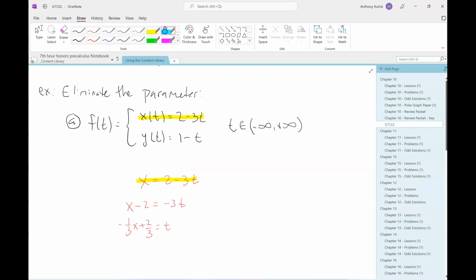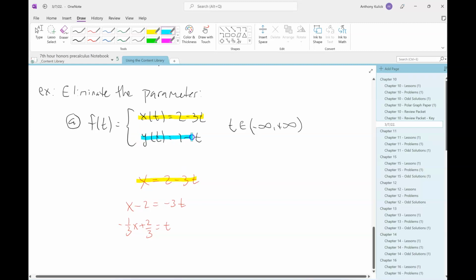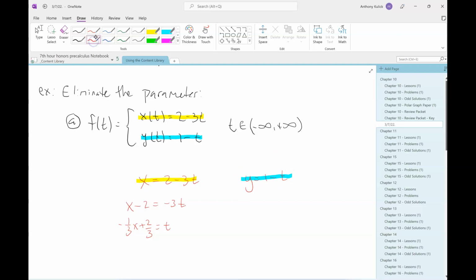Not a big deal. Then we're going to take the equation for y, and I'm just going to, again, rewrite that with just a y. I'm going to drop the y of t.